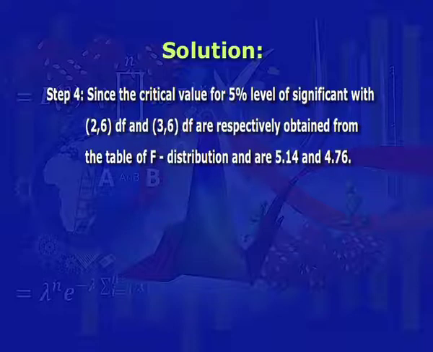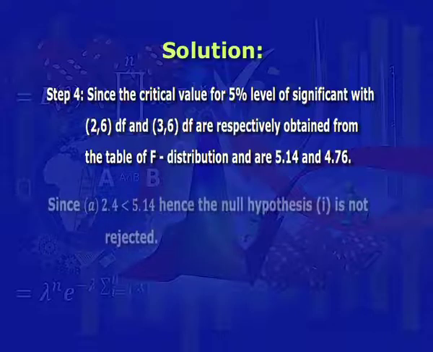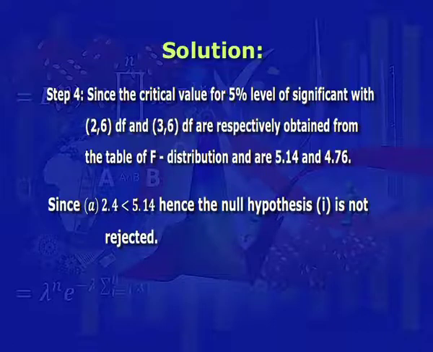In step 4, the critical values for 5% level of significance with 2 and 6 degrees of freedom and 3 and 6 degrees of freedom are respectively obtained from the table of F distribution as 5.14 and 4.76. Now we take a decision. A. 2.4 is less than 5.14, hence the null hypothesis 1 is not rejected.